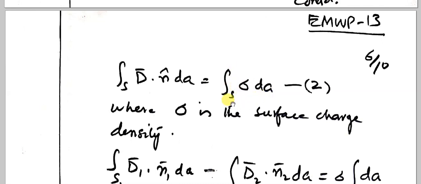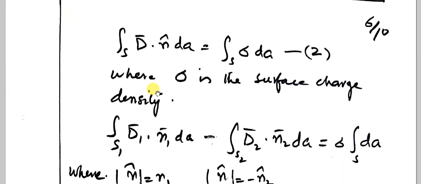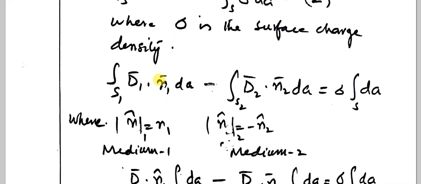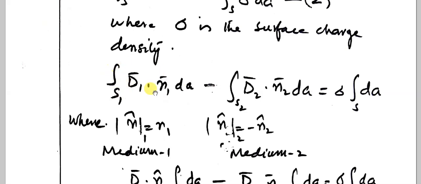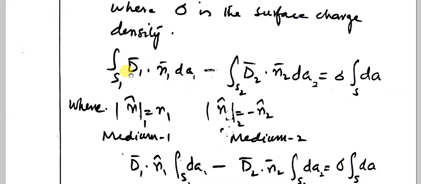So applying the surface integral to the respective surfaces, S1 d1 dot n1 dA1, we take a small area element on surface 1, minus S2 d2 dot n2 dA2. Both dA1 and dA2 will be the same at the end.